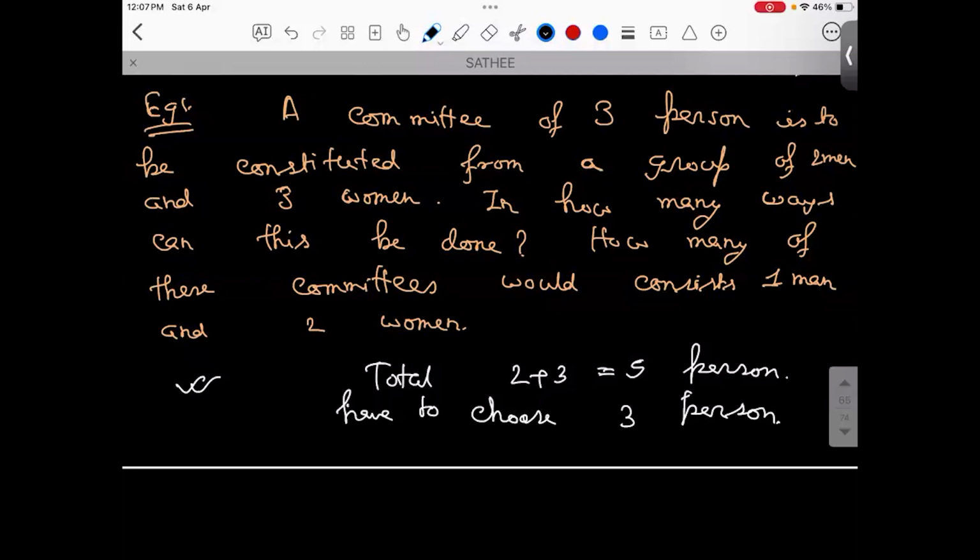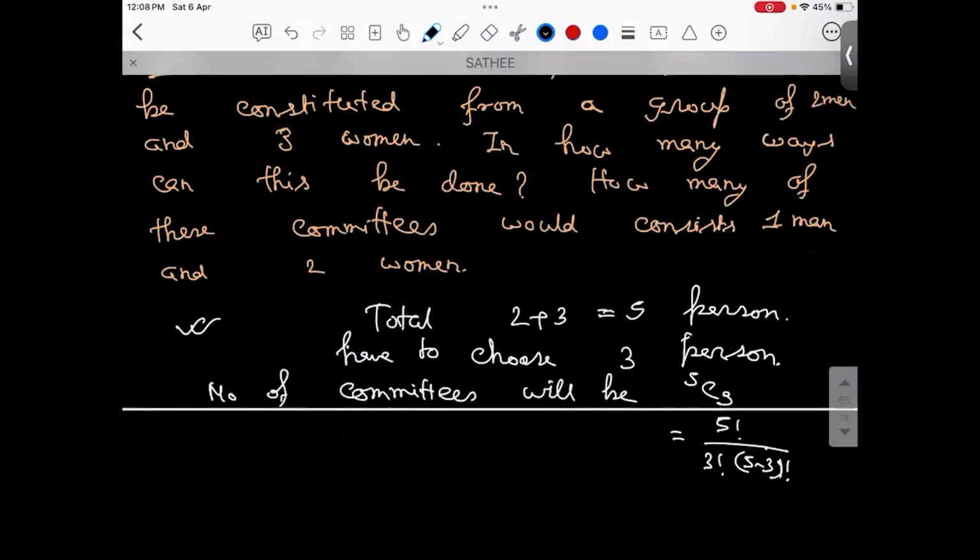So the number of possible committees will be 5C3, which will give us 5 factorial divided by 3 factorial into 5 minus 3 factorial.